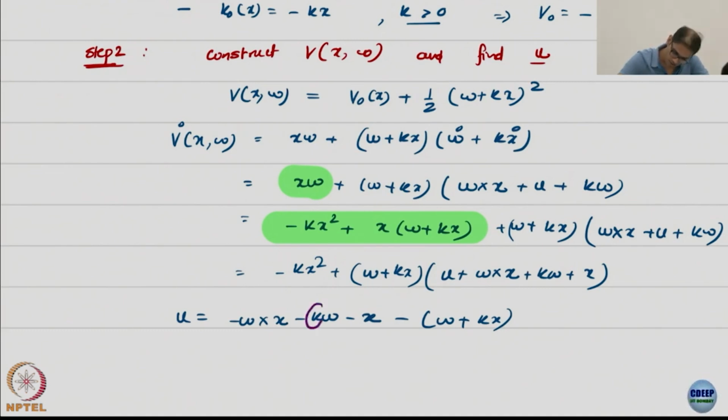This is the control gain. Unlike your typical PID control, you don't have very obvious PID type gains. Here the gains are a little bit more complicated. So how you will look at this sort of a controller, in fact I would not call even this a control gain, I will call this the control gain. So let us see.